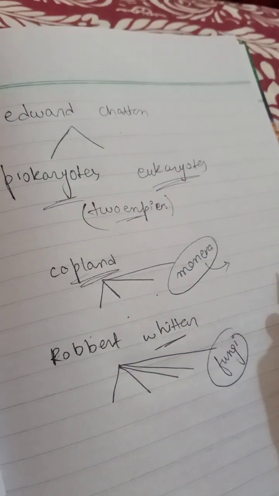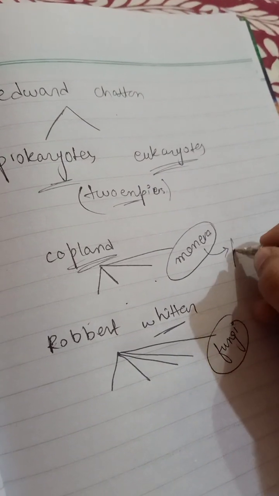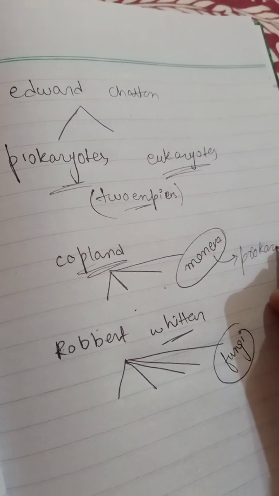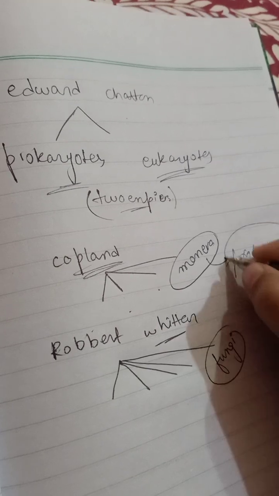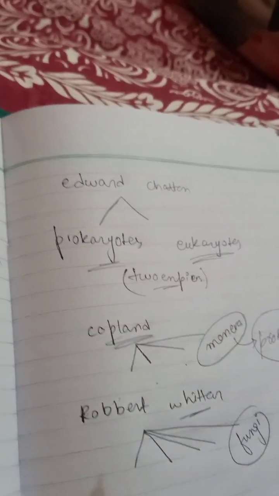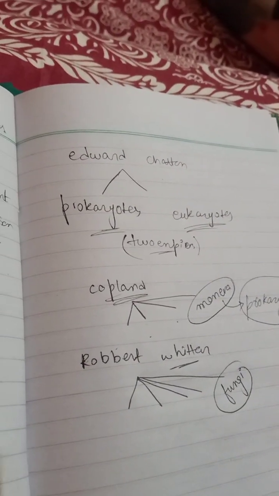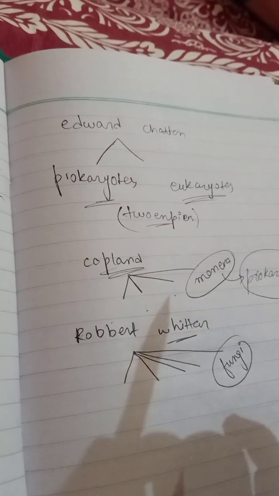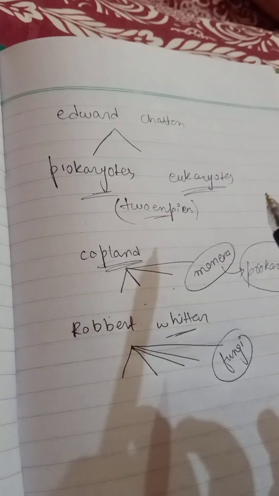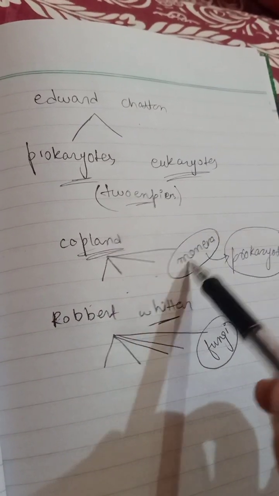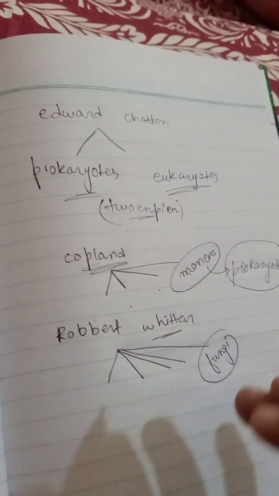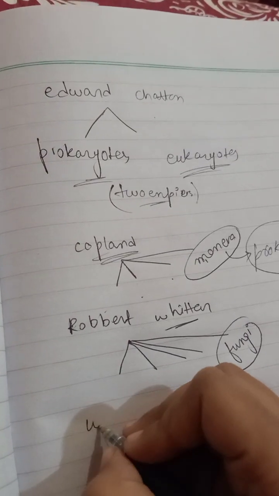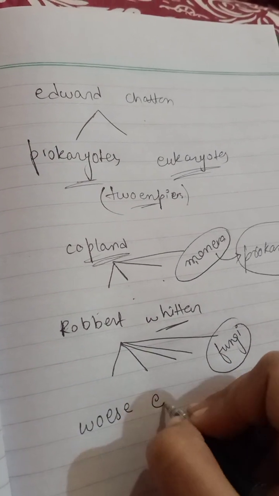So in Monera, the prokaryotes were placed in the kingdom Monera. A separate kingdom, Monera, was assigned for all the prokaryotes. Then there was a scientist whose name was Woese et al.